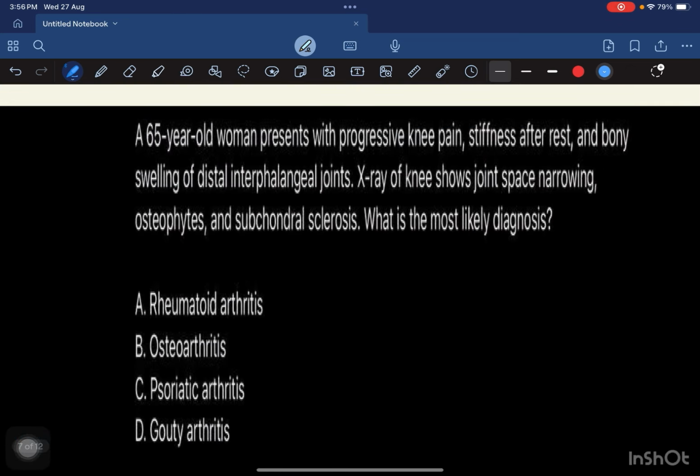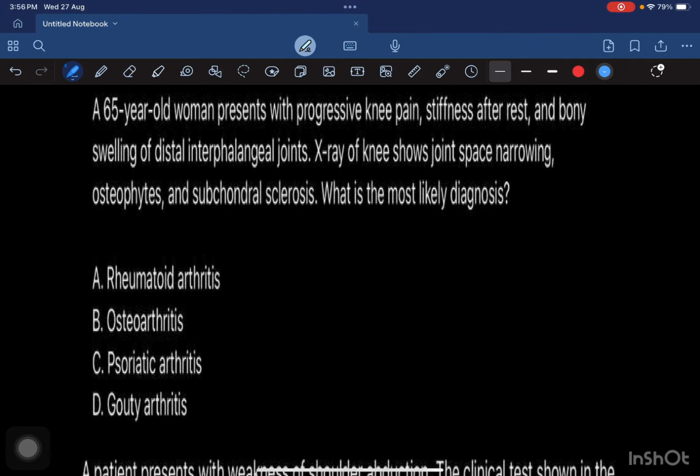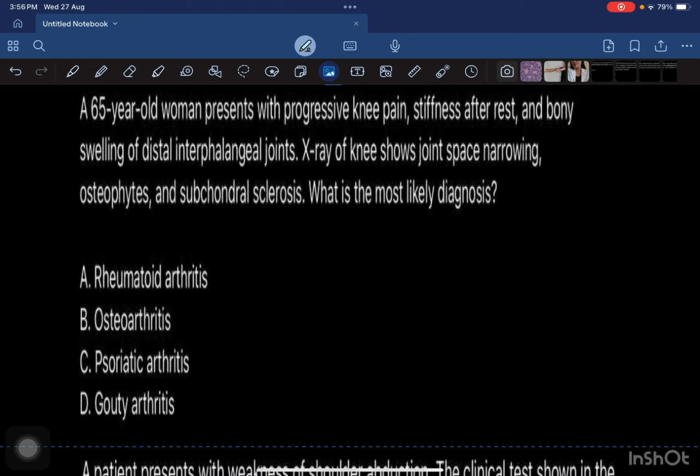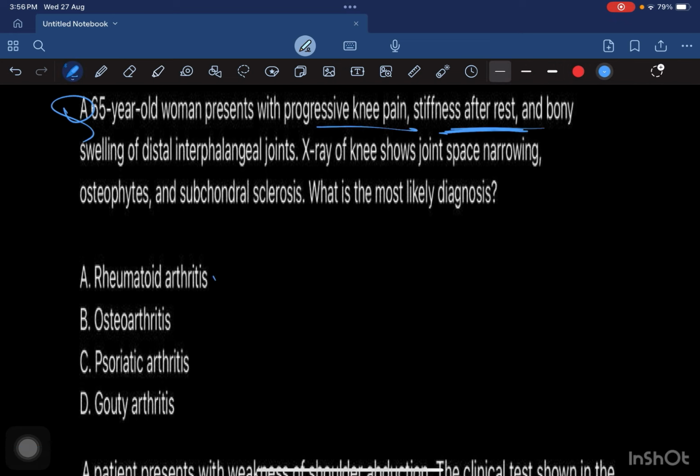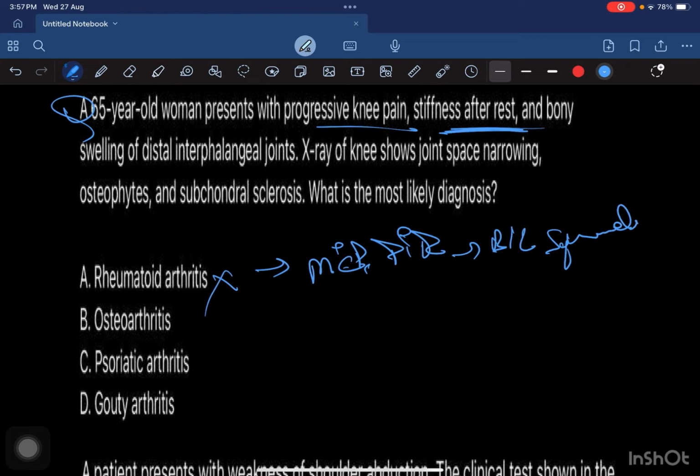Now moving ahead, we have a 65-year-old woman who presents with progressive knee pain, stiffness after rest. So rheumatoid arthritis would be absolutely ruled out, since rheumatoid arthritis involves inflammation and pain in the small joints like MCP and PIP, bilaterally symmetrical, early in the morning, not after rest.